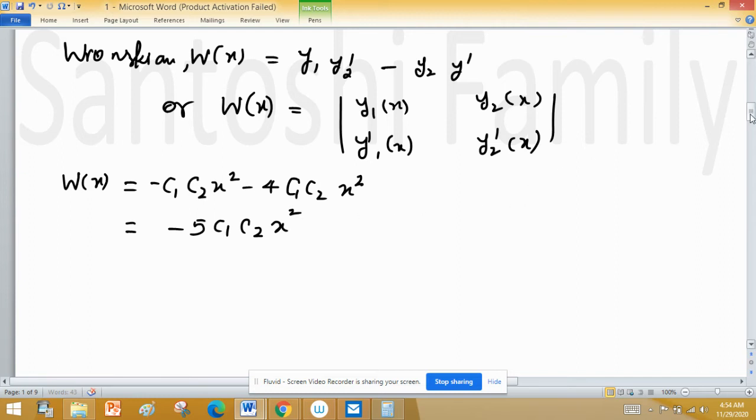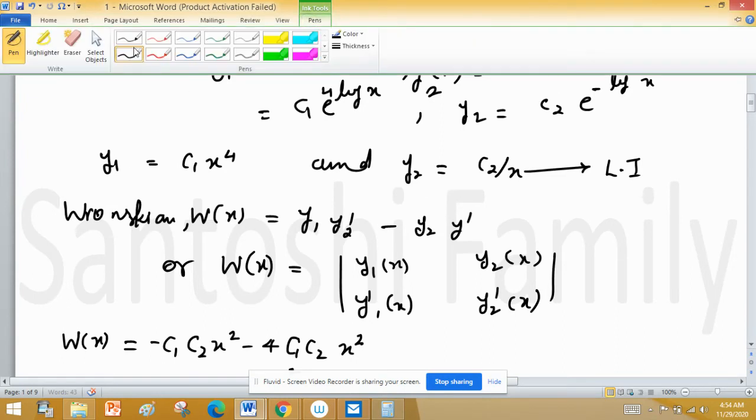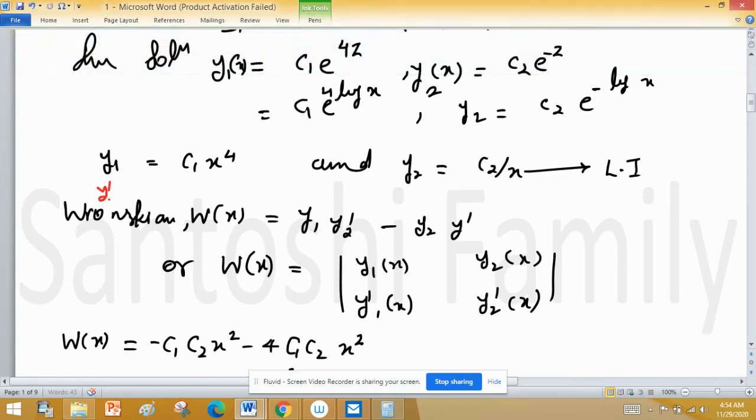As you can see here, this is y1, so y1' will be 4 c1 x³ and y2' will be −c2 x⁻², that is, minus c2 upon x².